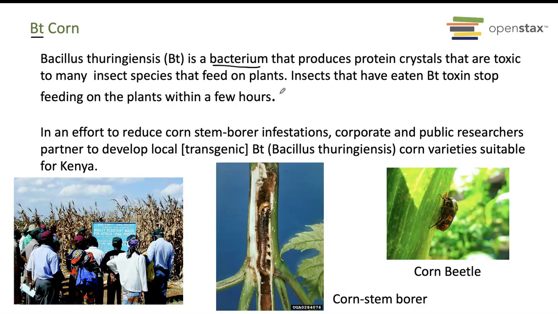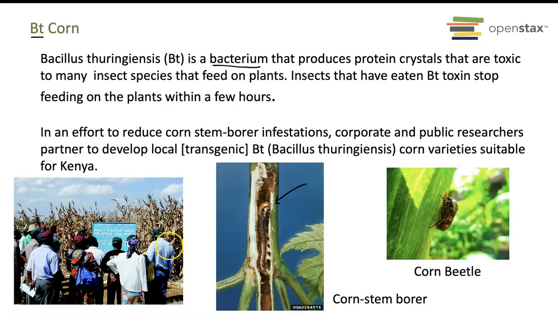And so there have been really large scale infestations of a certain beetle, called a stem borer infestation. This stem borer, you can see here, comes into the stem of the plant and, as it says, bores into it and basically kills the plant.